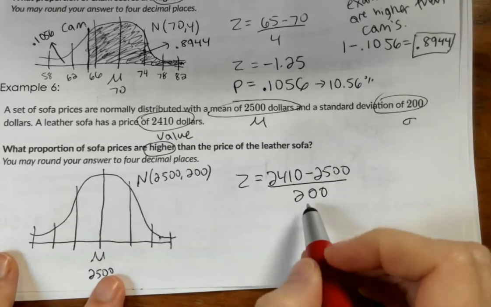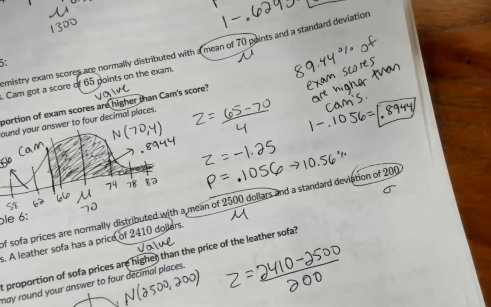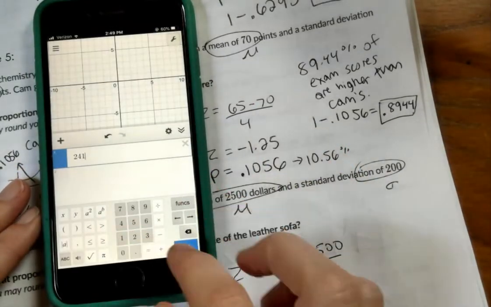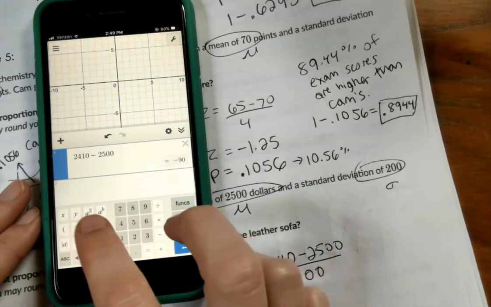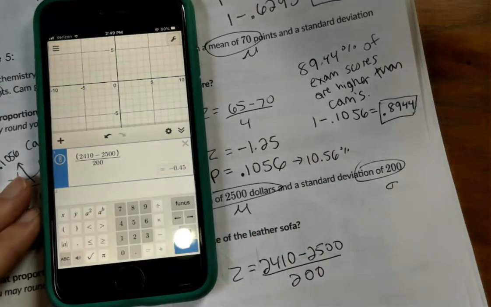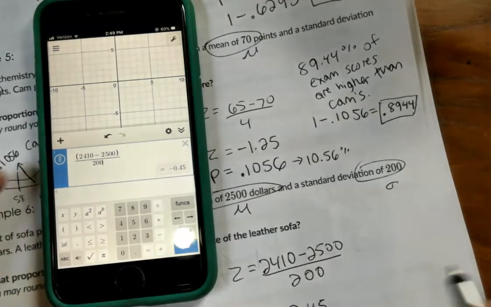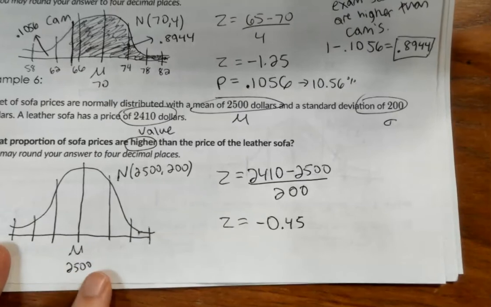Value minus mean over standard deviation. Alright, I got a z-score of negative 0.45, and that makes sense because z-scores are between what two numbers typically?